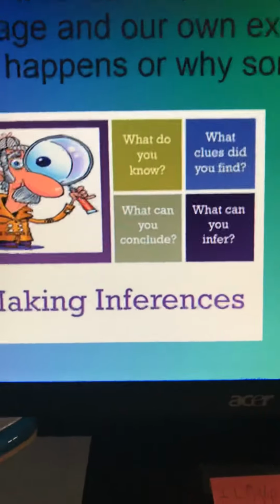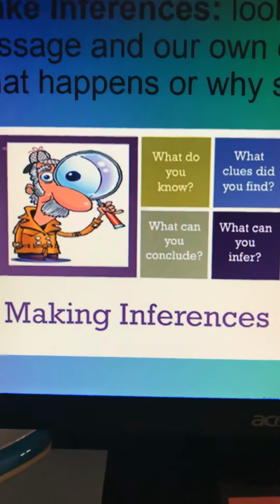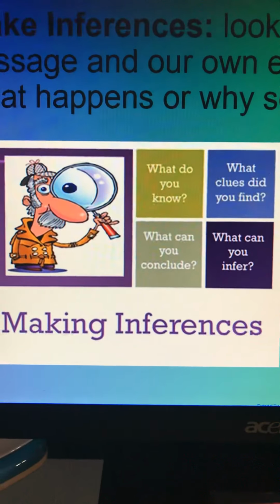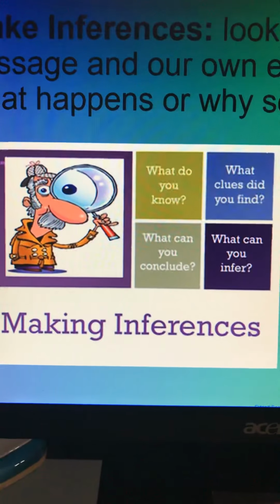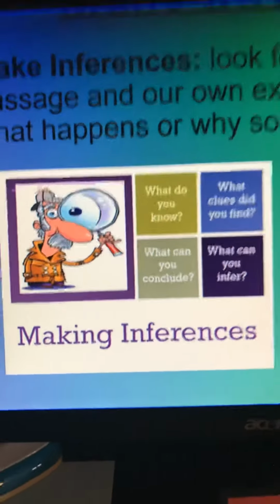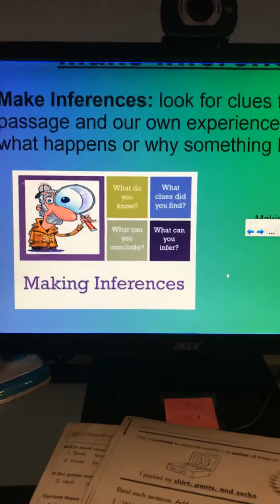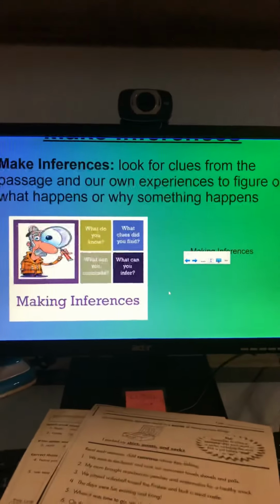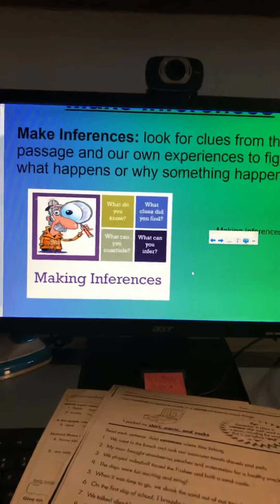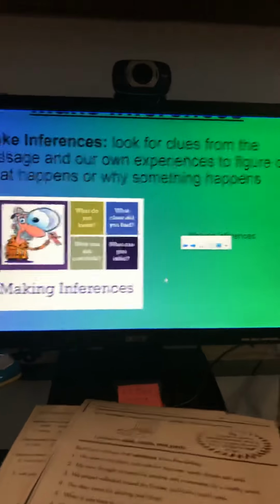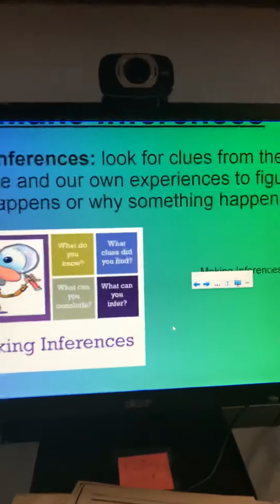Here's your graphic for that. Making inferences: what do you know? What clues did you find in the story? What can you conclude? And what can you infer? That is how you're going to answer the questions on your worksheet, by reading and then taking what you know to make an inference about what's happening in the story.